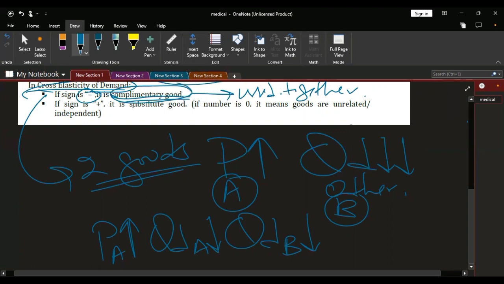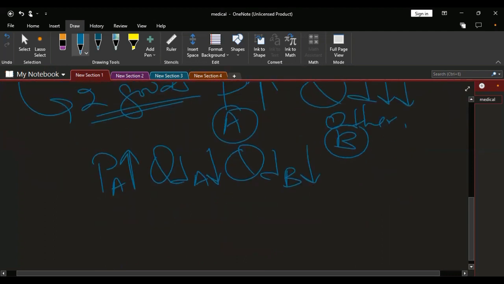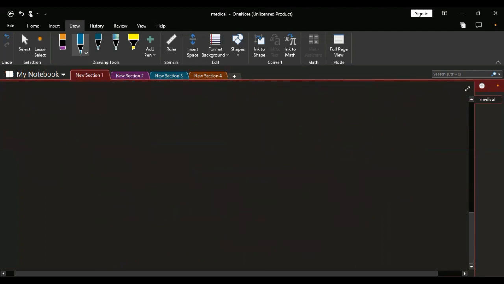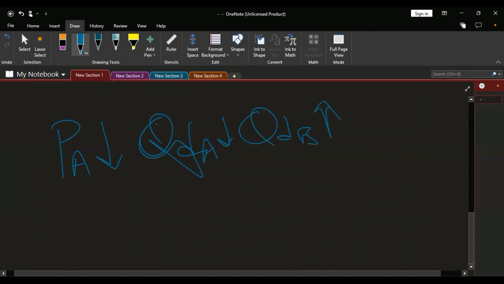If the answer is positive, the product is a substitute good, because substitute goods can be exchanged for each other. That is, if the price of A increases, quantity demanded of A decreases, but the demand of its substitute B increases, because the increase in price of A will move the customer to product B.